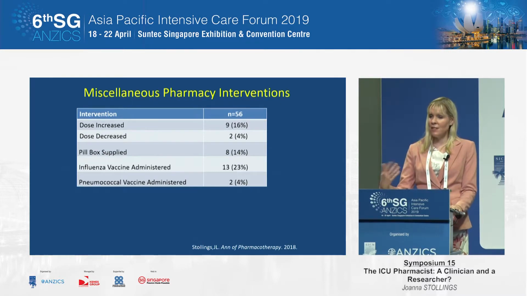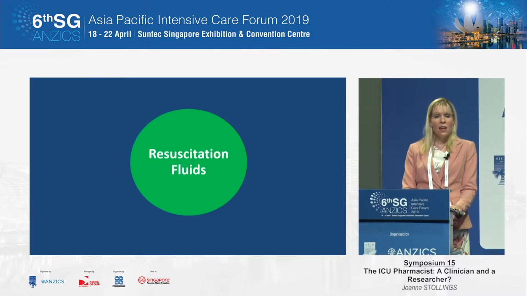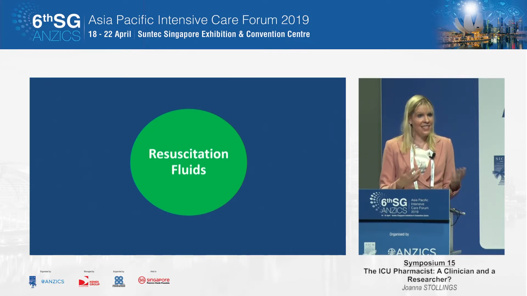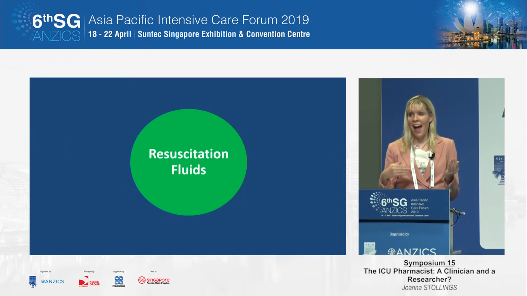And also we administered pneumococcal vaccines as well. We also performed laboratory testing in 5 patients. So I hope this emphasizes what a role a critical care pharmacist can have not only on an inpatient basis, but also on an outpatient basis with regards to optimizing medications.